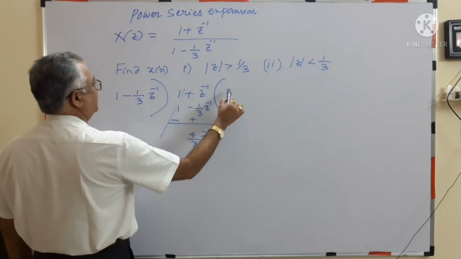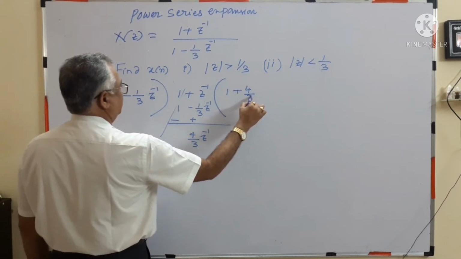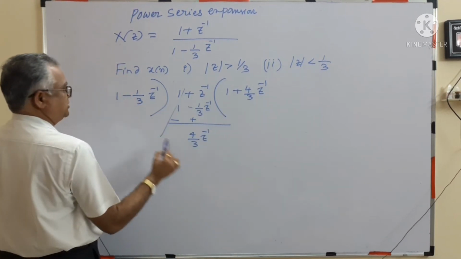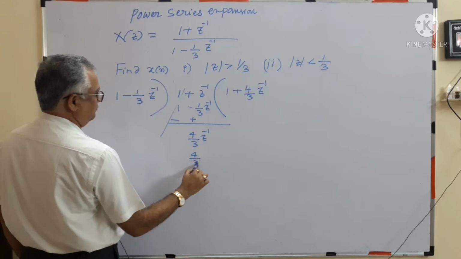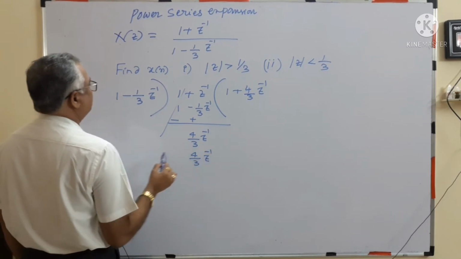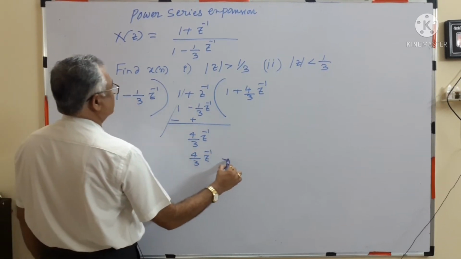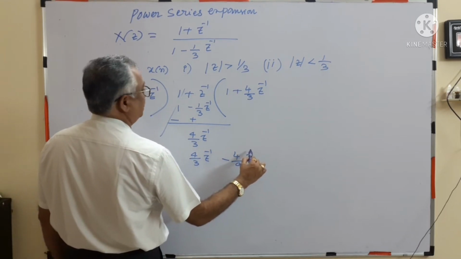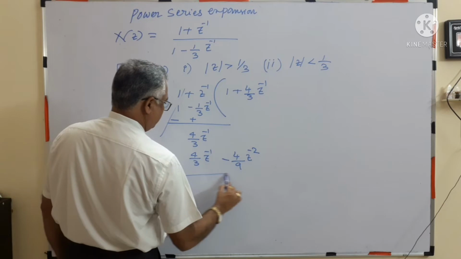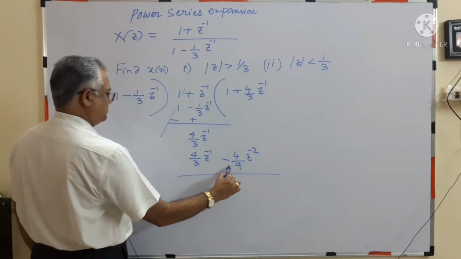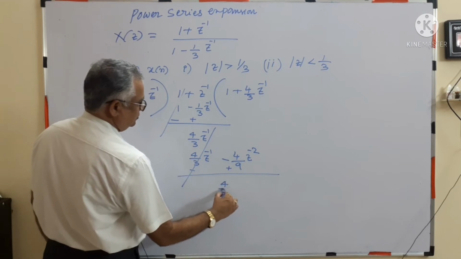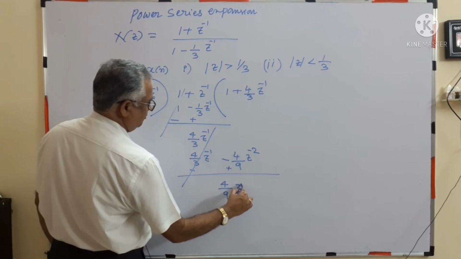Then to get this one, 4 by 3 z inverse, this into 1 is the same. Next to minus 4 by 9 z power minus 2. This is plus, this is minus, cancel. So 4 by 9 z power minus 2.